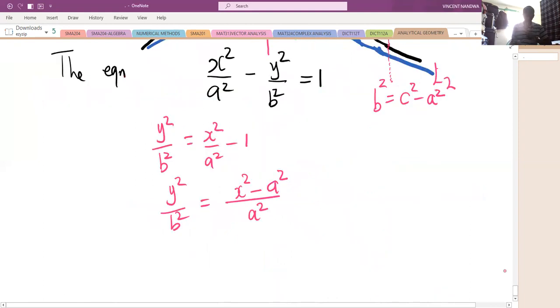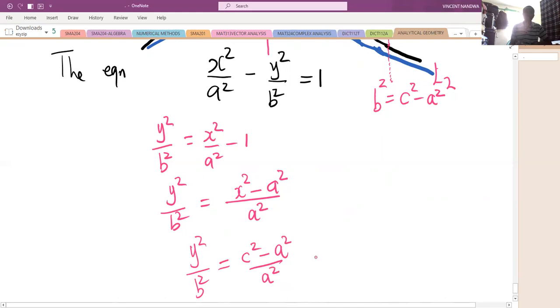So which means I can replace this x by c. So I say y squared over b squared equals c squared minus a squared over a squared.